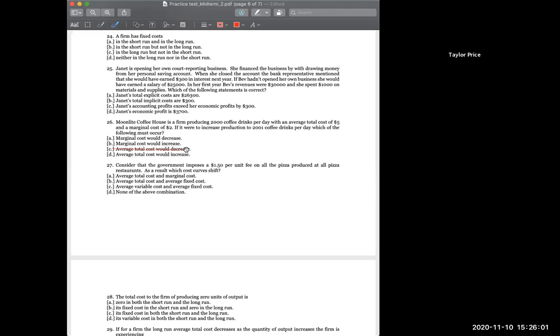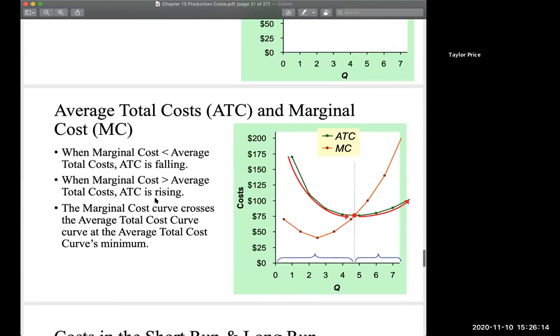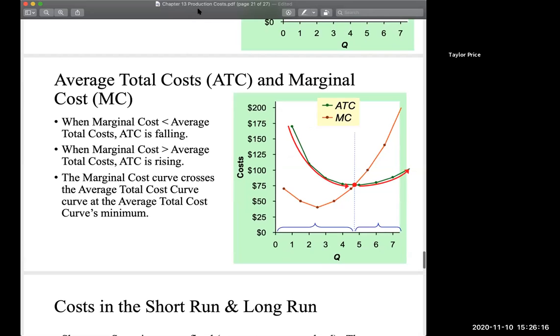And so the reason for that, and the reason why you know that, is actually slightly different. Let me show you why that would be the case. So this is actually why. In that example, you are at a situation where the average total cost is greater than the marginal cost.